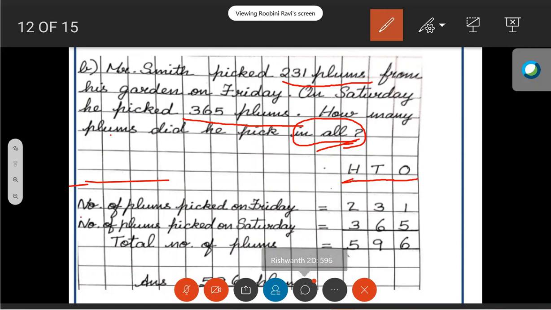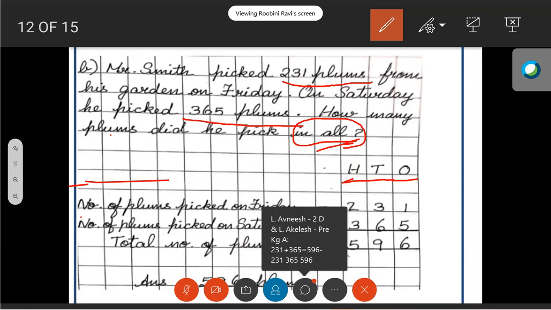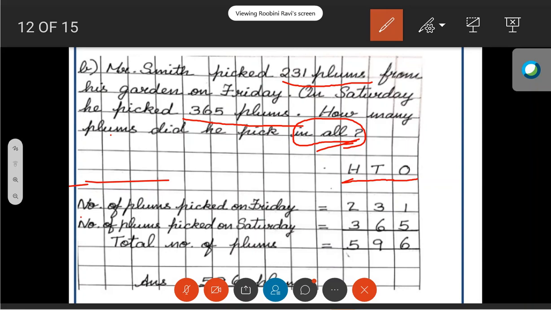Number of plums picked on Friday. Here we are going to add plums only. So the number of plums picked on Friday is equal to what? 231. 2 hundreds, 3 tens, 1 one.